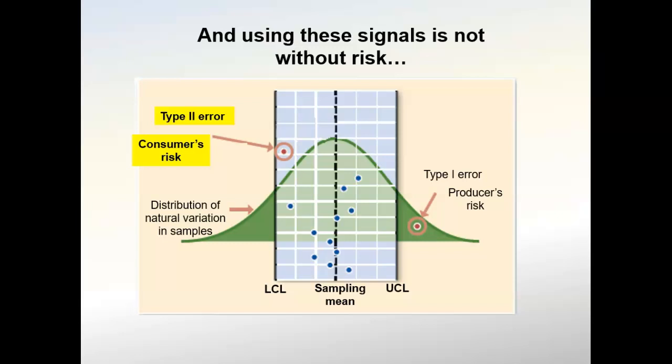So wider control limits, which reduce producer's risk, also allow more variation of any type to fall within the limits. This danger of undetected assignable variation is the consumer's risk, implying that defects are escaping detection and will be passed along to the customer.